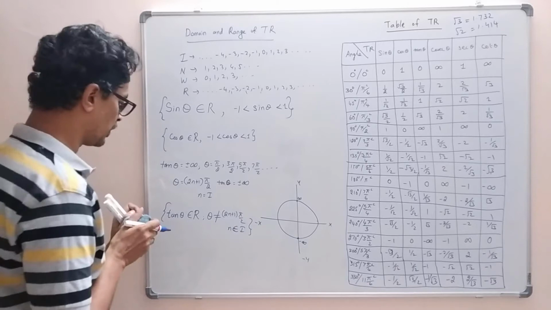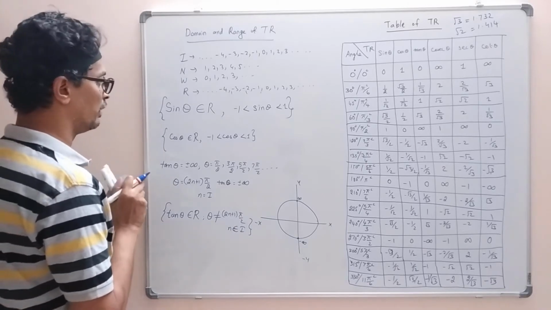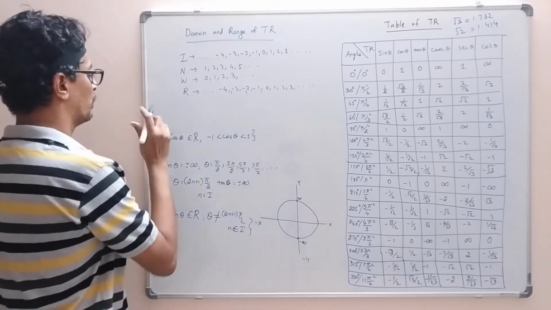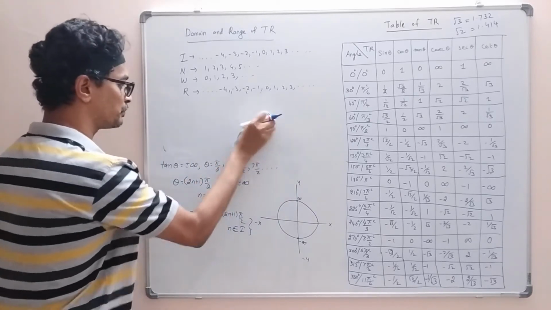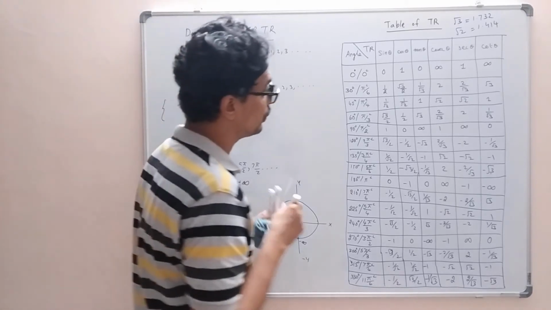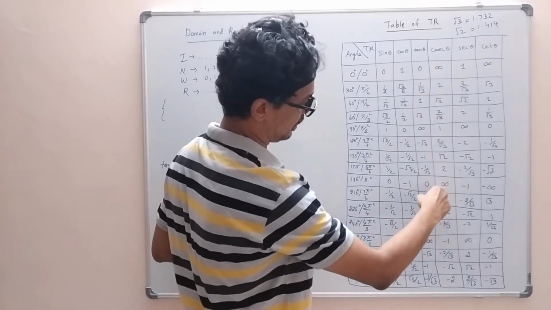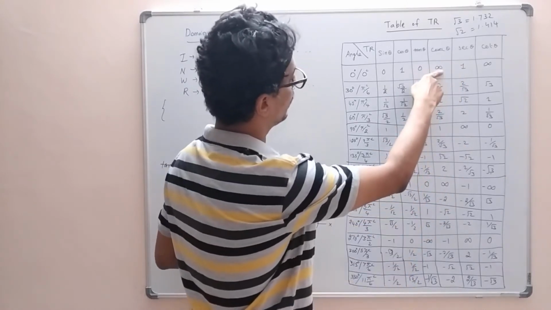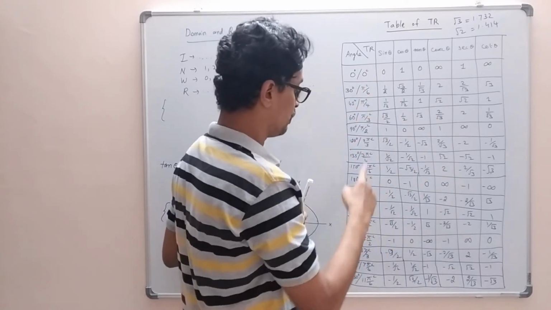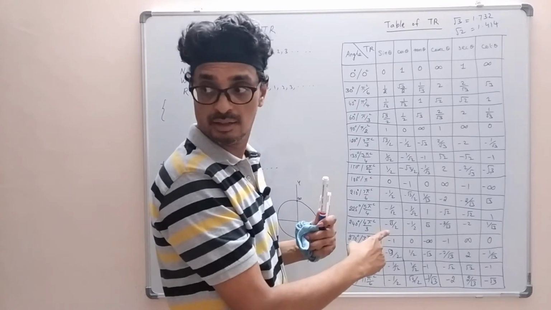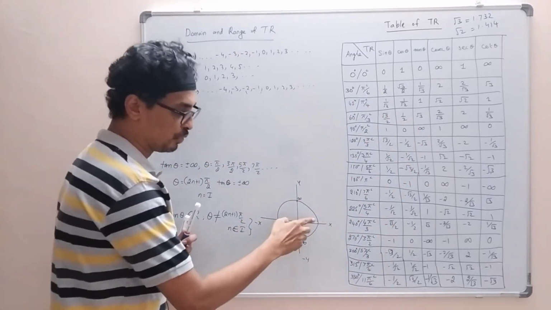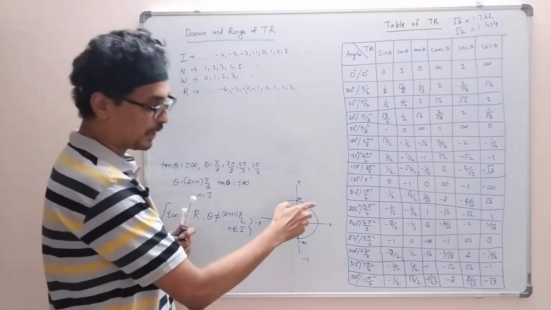So now let us go for the inverse trigonometric ratios, that is cosec theta. Cosec theta also has some infinities. The infinity occurs at 0, pi, and then 2 pi, which is again cyclic: 0, pi, 2 pi, 3 pi, 4 pi, and it goes on like that.